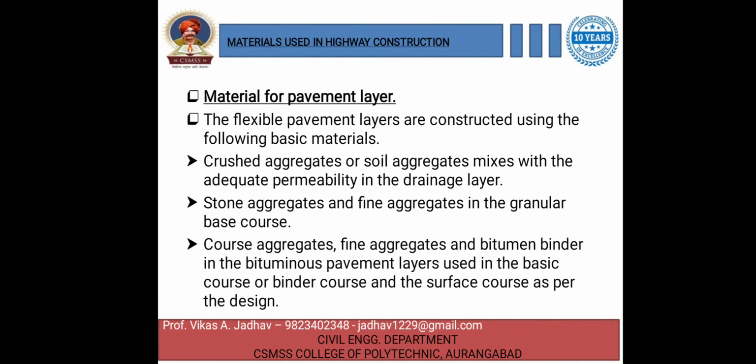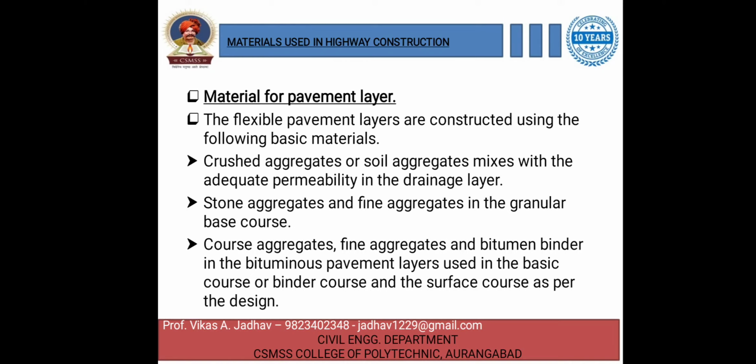Then material of pavement layer. For flexible pavement layers, crushed aggregate or soil aggregate mix with adequate permeability is used in the drainage layer. Then stone aggregate and fine aggregate in the granular base course.